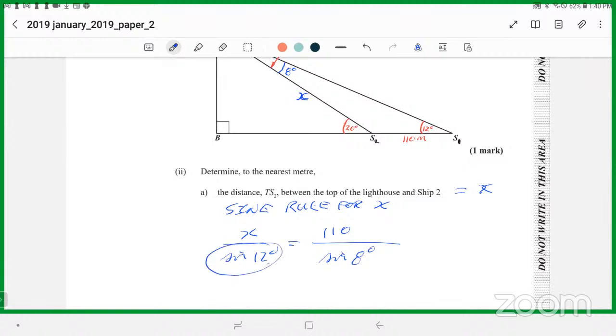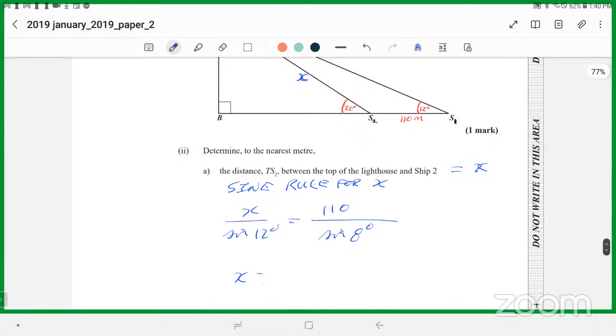You take this sine of 12 and multiply it, and make sure you put it behind the number. You always put the trig function behind the number. Don't put it in front. So the X becomes 110 sine of 12 degrees divided by the sine of 8 degrees.